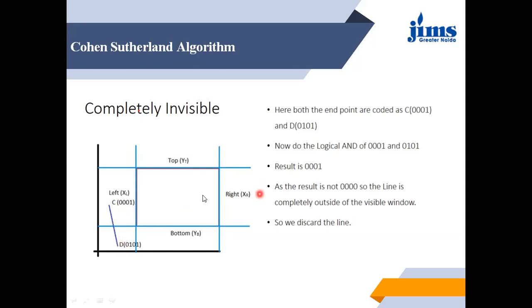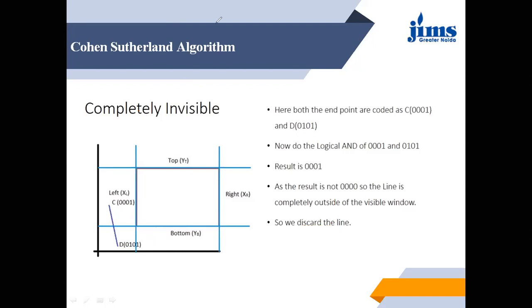You can see here that the region code of C is 0001 and the region code of D is 0101. When we perform the AND operation between these two, 1 AND 1 gives us 1, so this is non-zero. This is the reason we discard this line completely.